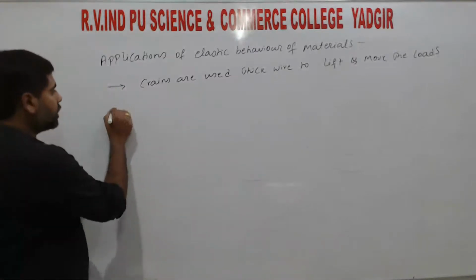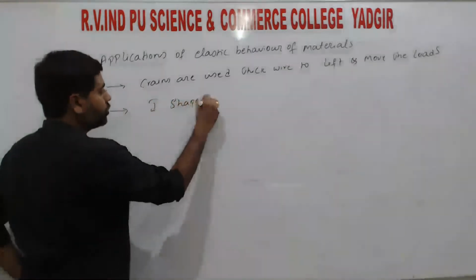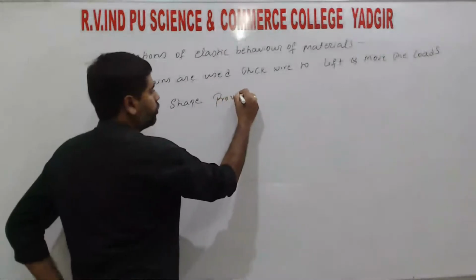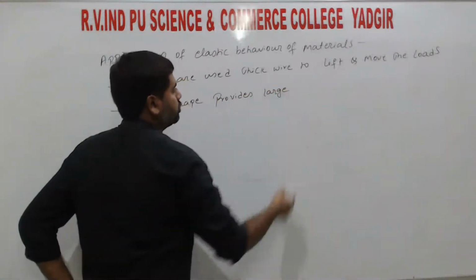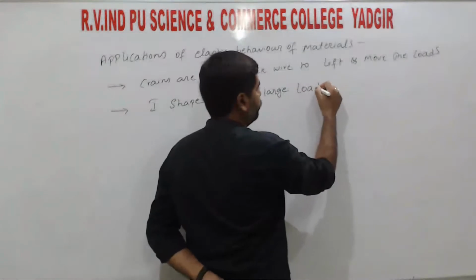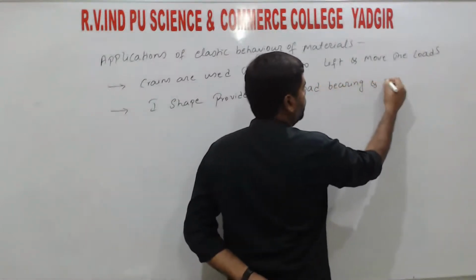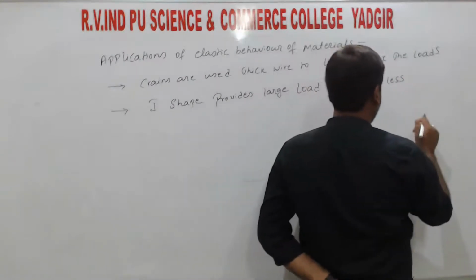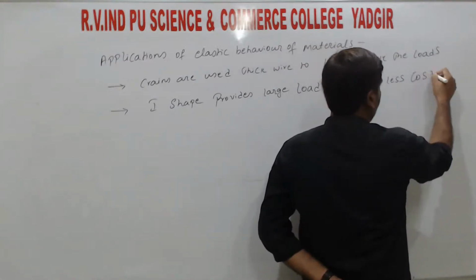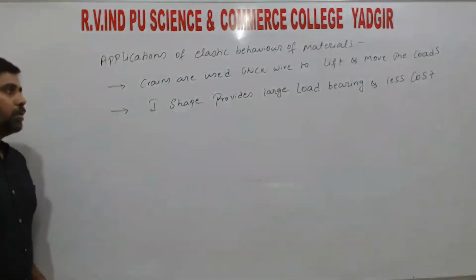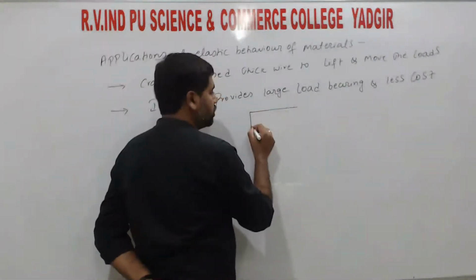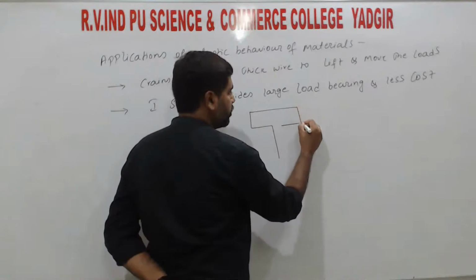So the second one is I shape, right? I shape provides large load bearing at less cost, right? In constructions, or when building the body of materials, they use a structure, and that structure is mostly in the I shape.